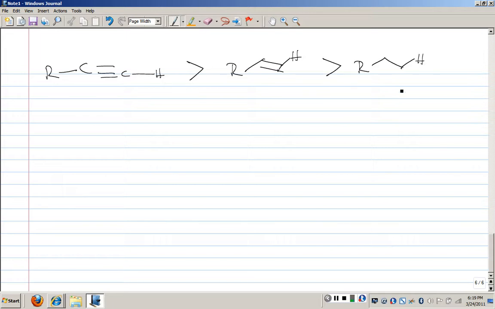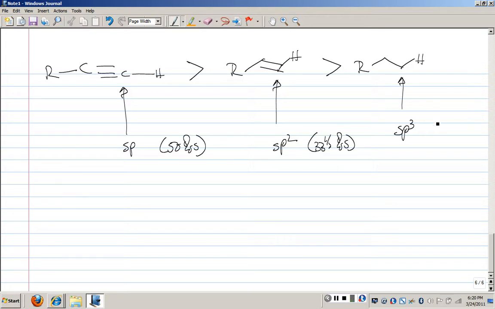And the reason was that this carbon is sp3 hybridized, this carbon is sp2 hybridized, this carbon is sp hybridized. And as you remember, as the s character of the carbon-based orbital increases, which it does going this way, right? This is 50% s, this is 33 1/3% s, and this is only 25% s.